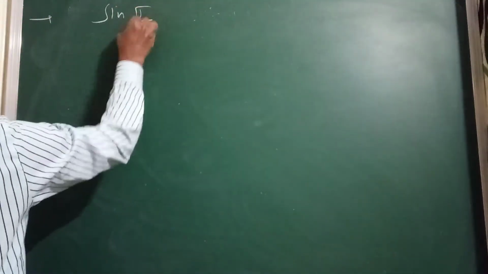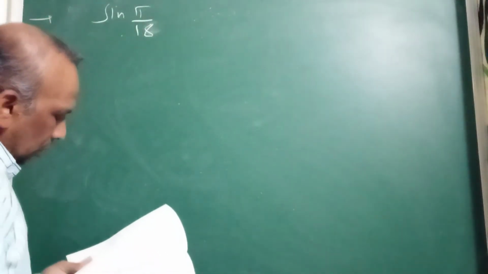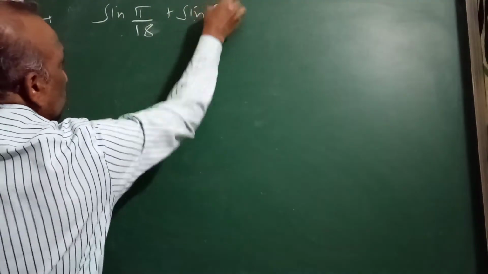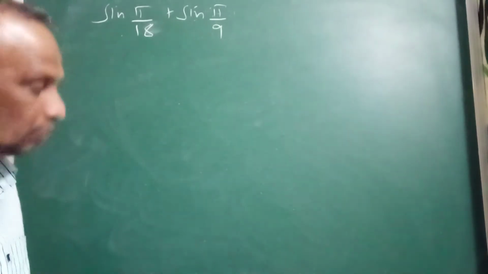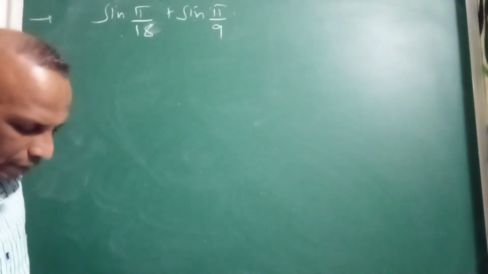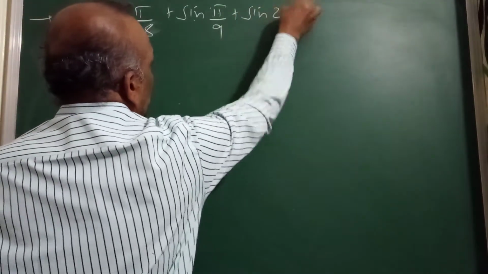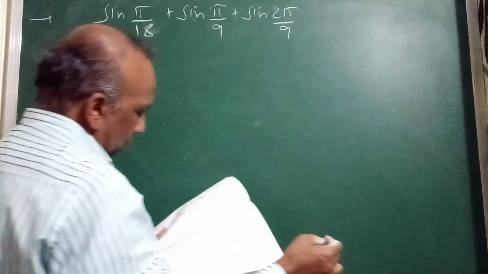The value of sin pi by 18 plus sin pi by 9 plus sin 2 pi by 9 plus sin 5 pi by 18.